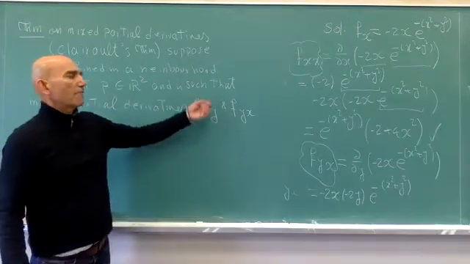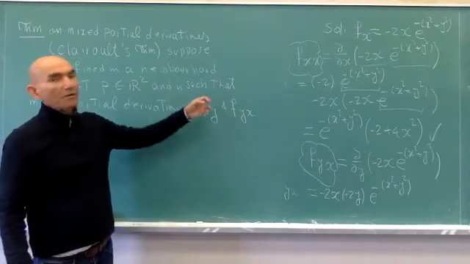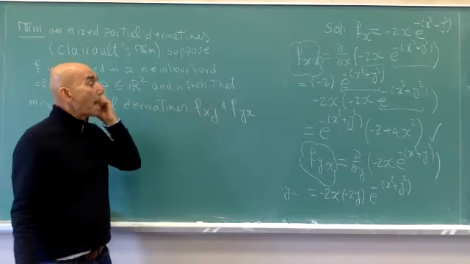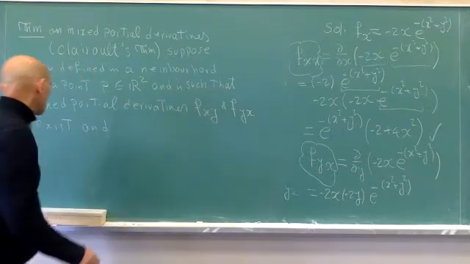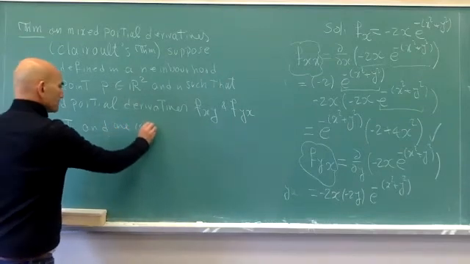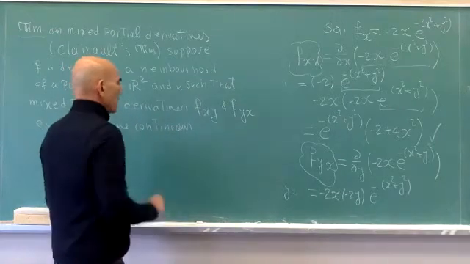So it means that fy exists in that neighborhood, and fx of fy exists in that neighborhood. So this is a lot of conditions. And the same for this one. So first of all, exist and are continuous in that neighborhood.